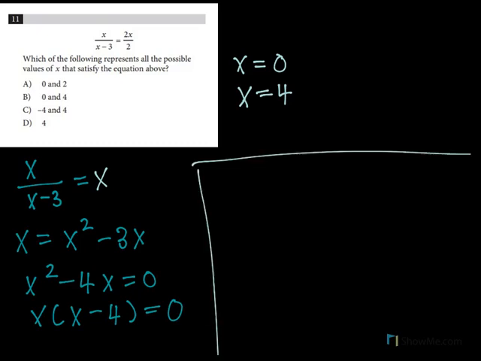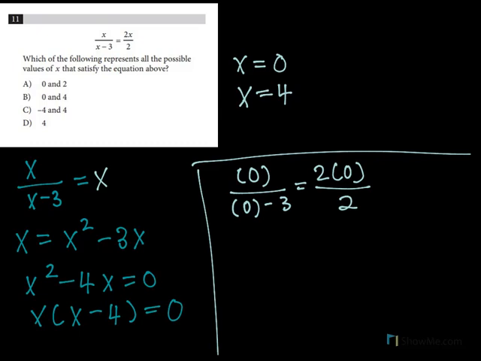Okay, so first let's try 0. So in place of x, we would just put 0. So it's 0 over 0 minus 3, and let's just simplify this.